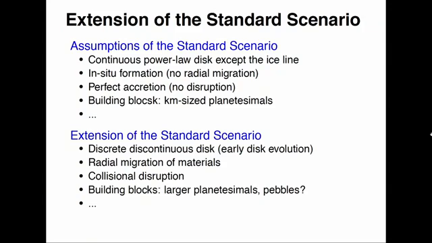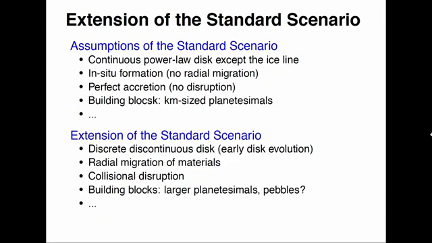But now, for example, for this continuous power law disk, we are working on a discrete, discontinuous disk, maybe formed by early disk evolution. And many people are considering the radial migration of planets during the formation. We have also heard from Nadal's talk that not perfect accretion, but collisional disruption and its effect on the composition is now taken into account.